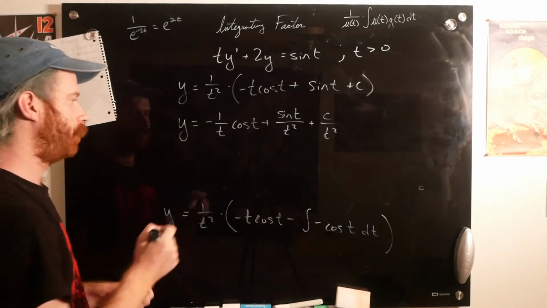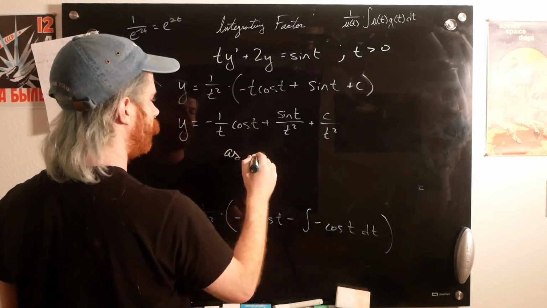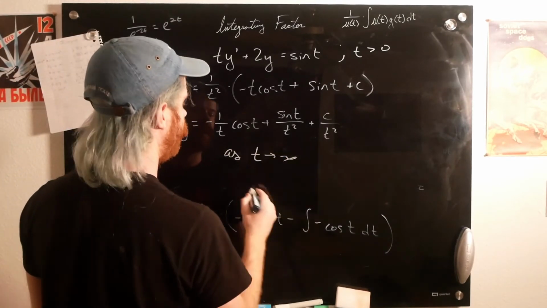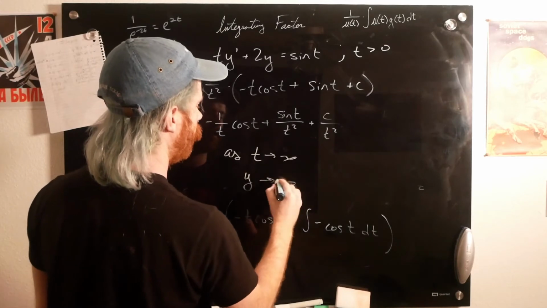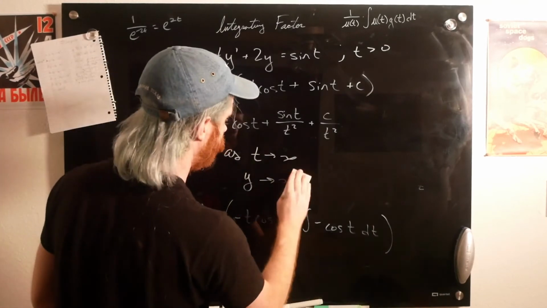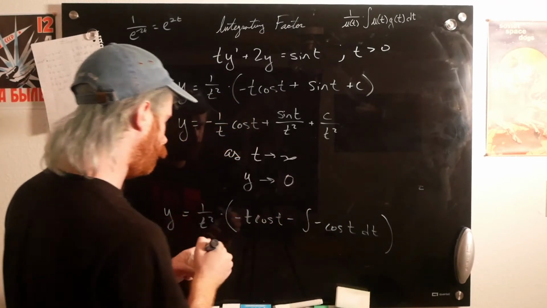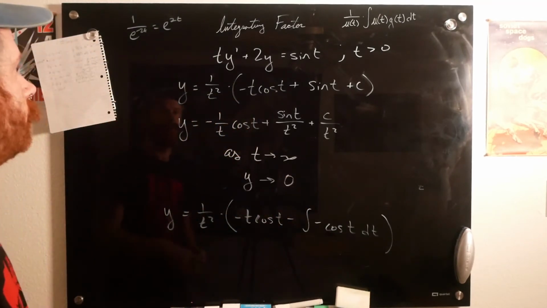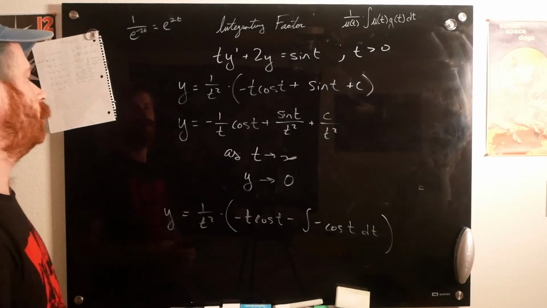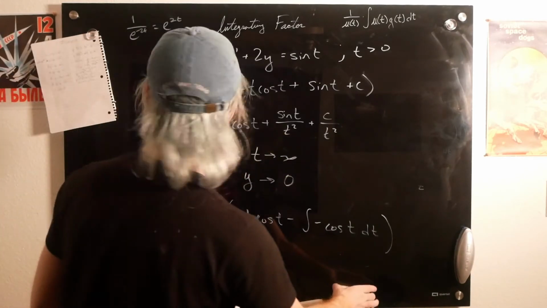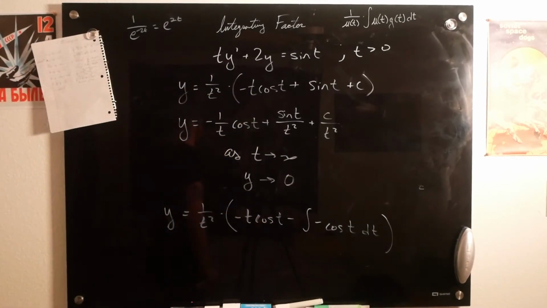So as t approaches infinity, y approaches 0. So that is that problem. Here's your answer.